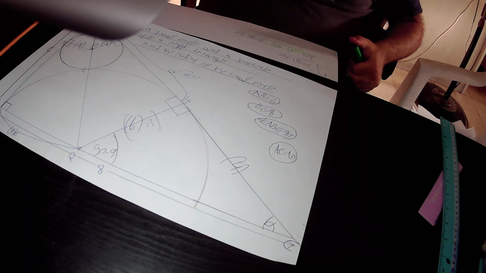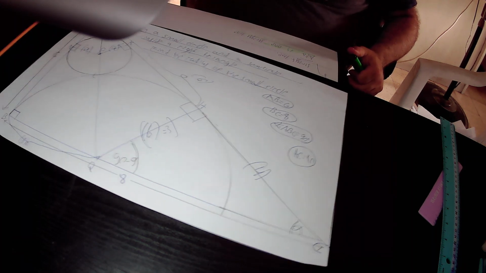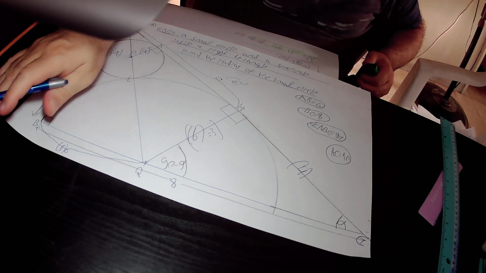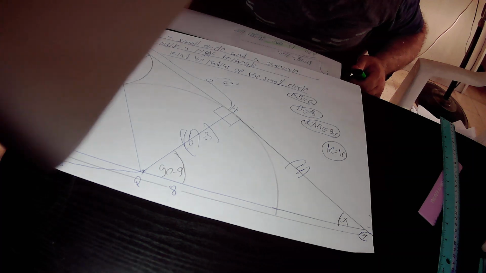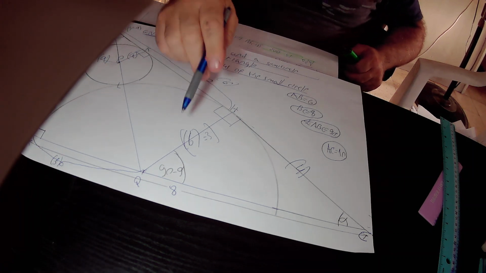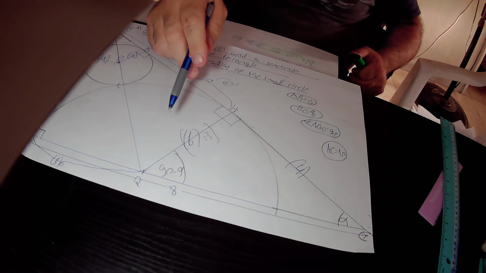And if APQ is one straight line, it means that AQ is also a straight line.